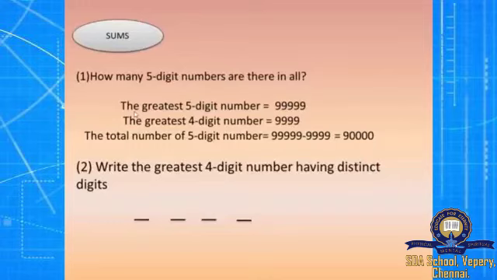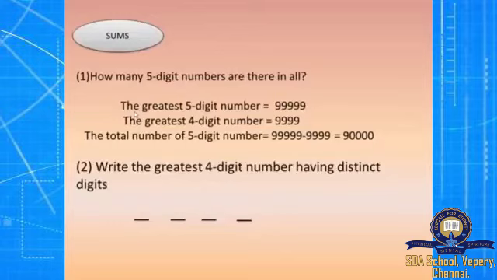The greatest 4-digit number is 9,999. So the total number of 5-digit numbers is obtained by subtracting 9,999 from 99,999. So you will get 90,000. So there are 90,000 5-digit numbers.